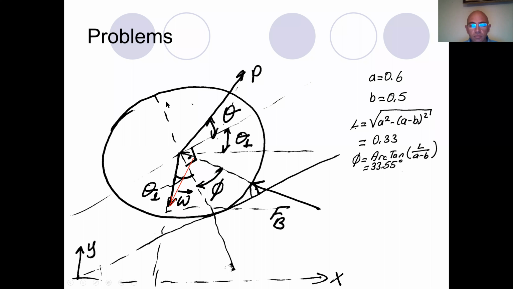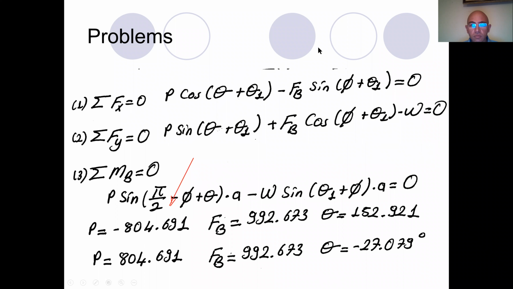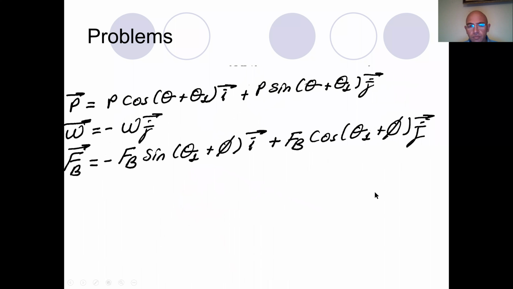As a result, it is minus W sine θ1 plus phi multiplied by a.